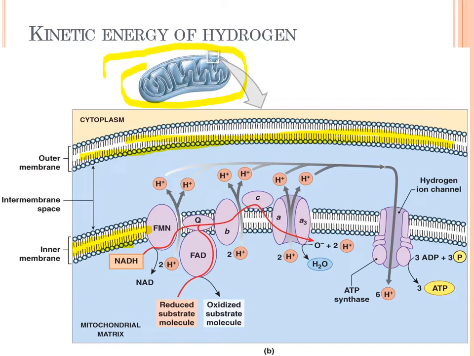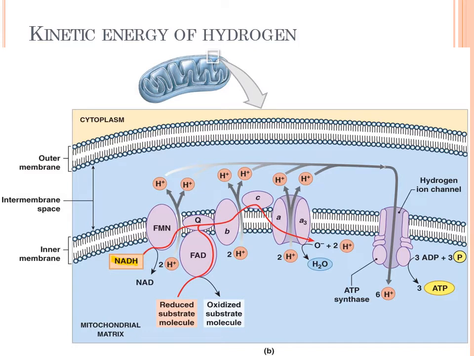Our NADH is inside the matrix. Down here, this is all matrix inside the mitochondria. This is the cytoplasm of the cell, so we're outside the mitochondria. This is the intermembrane space, and then this is all matrix down here. So the NADH has come from the citric acid cycle.